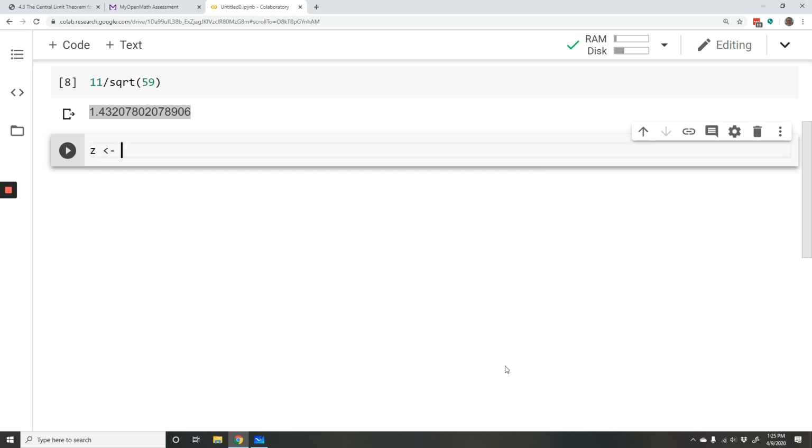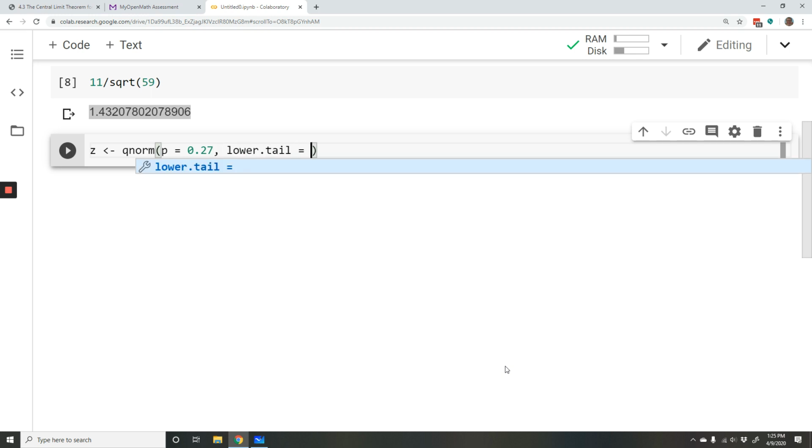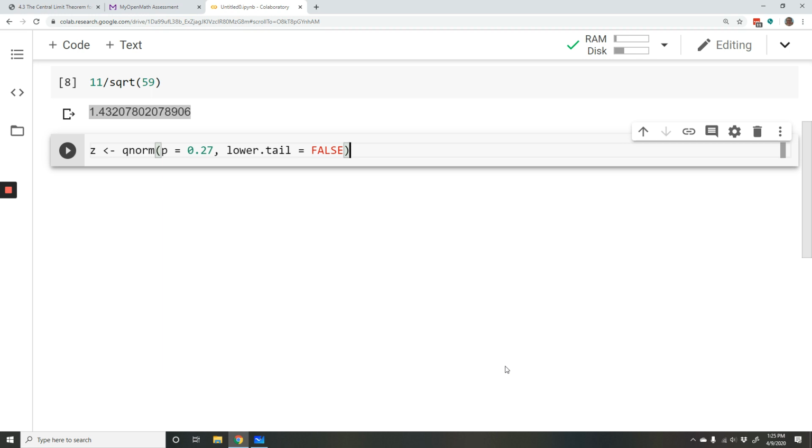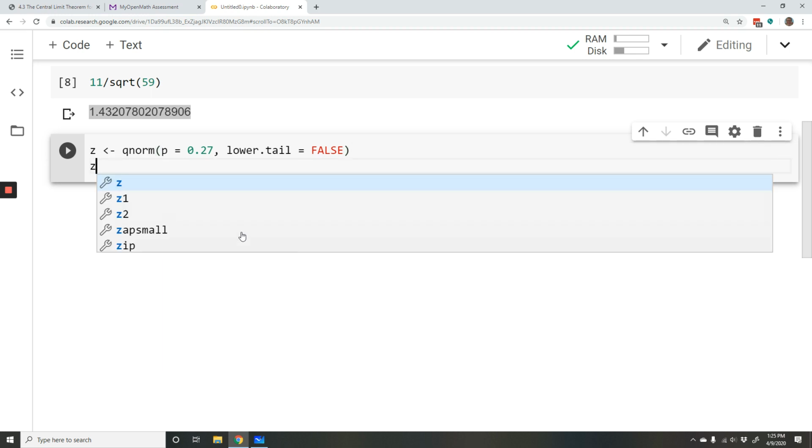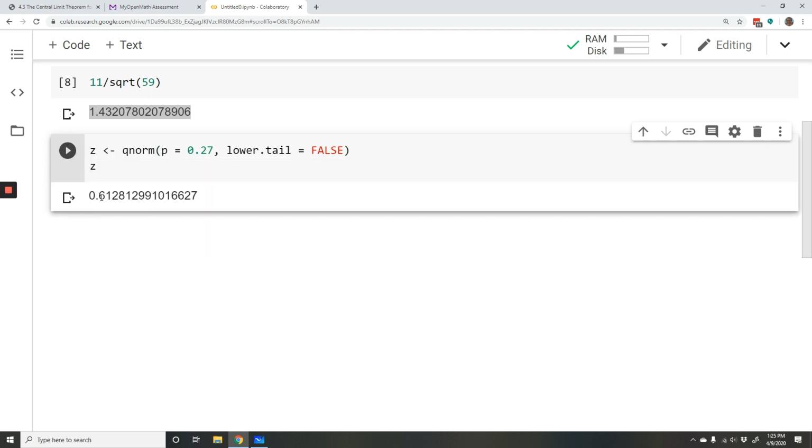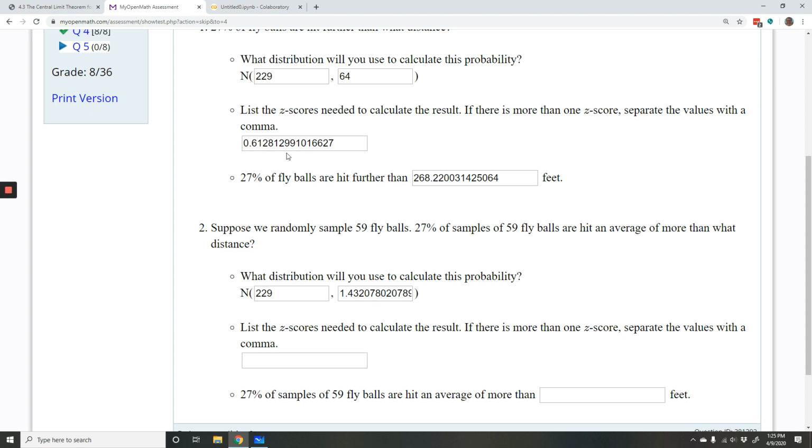So this will be our z value for this case. Q norm. The probability is 27%, or 0.27, and we are taking the upper tail, so lower tail will be false. And let's write z there so we can see what we actually get. So 0.6128. You'll notice that's the same answer that we got for part 1.